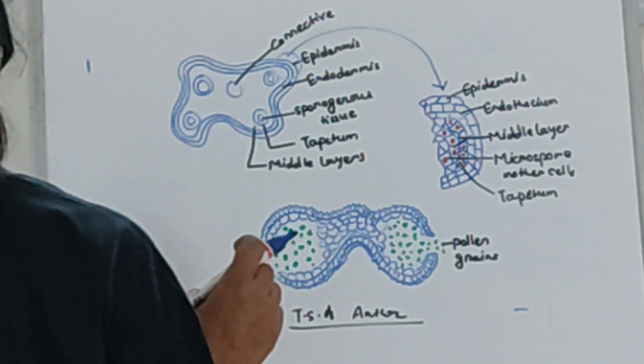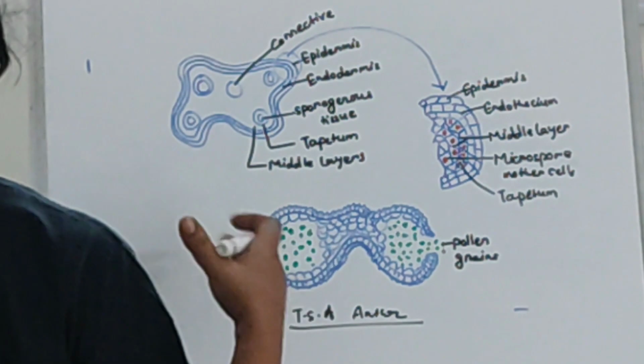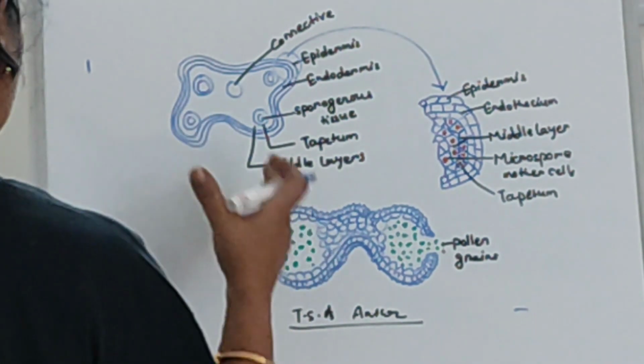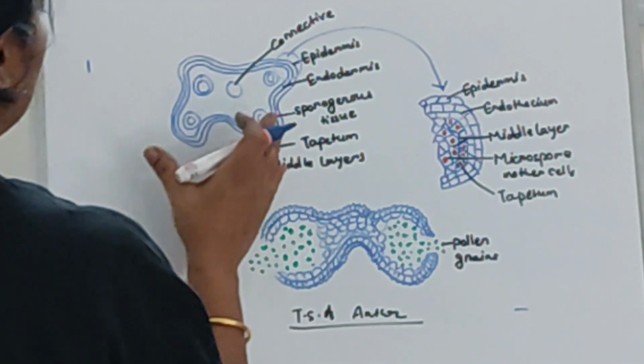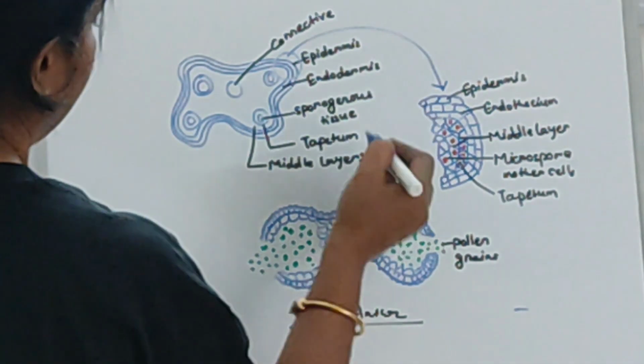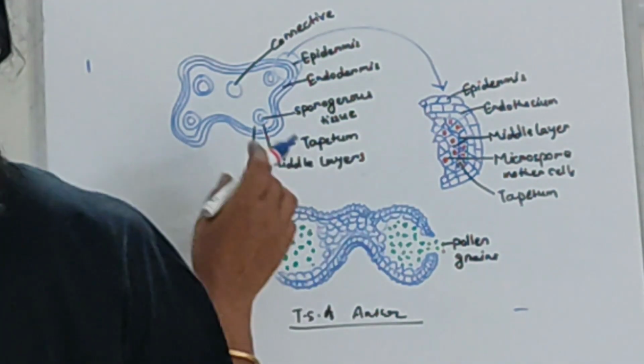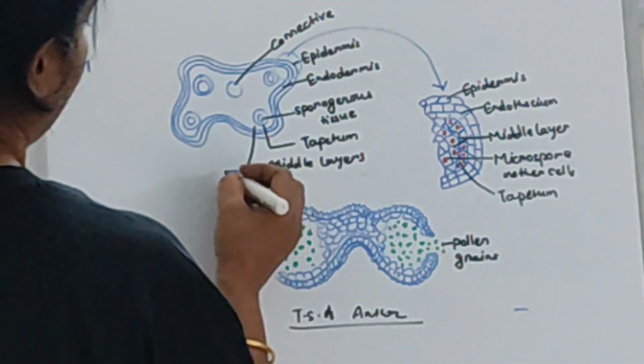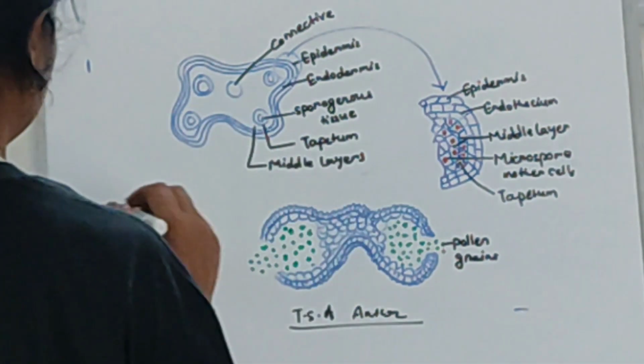Now the outer 3 wall layers, their function is to protect the spores. The function of the epidermis, endothecium and middle layer is to give protection to the microsporangia.